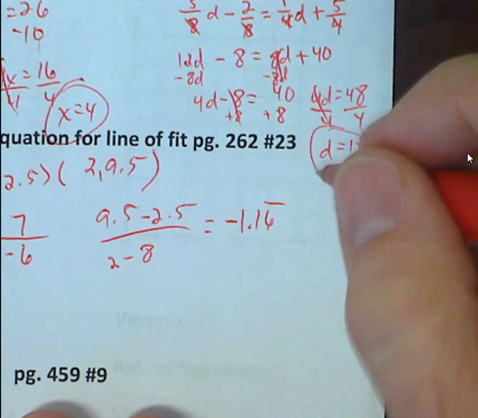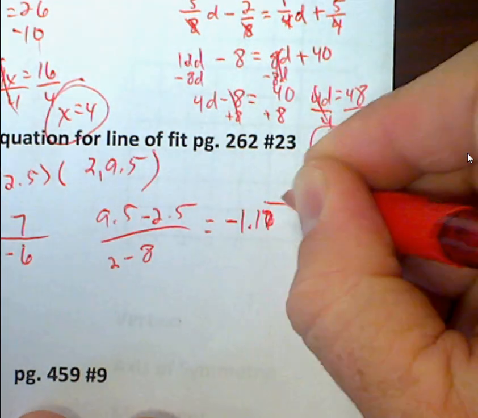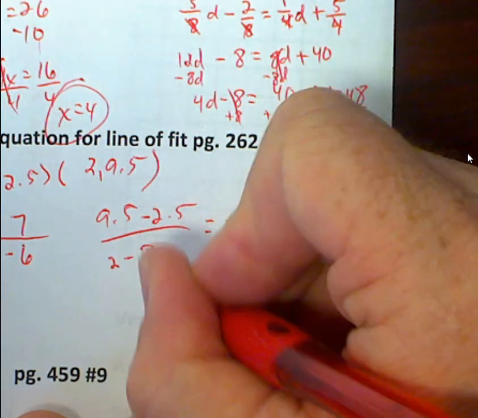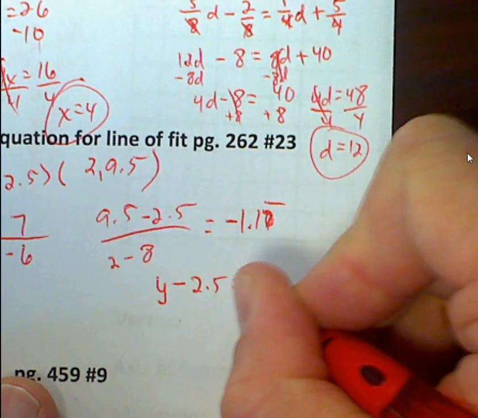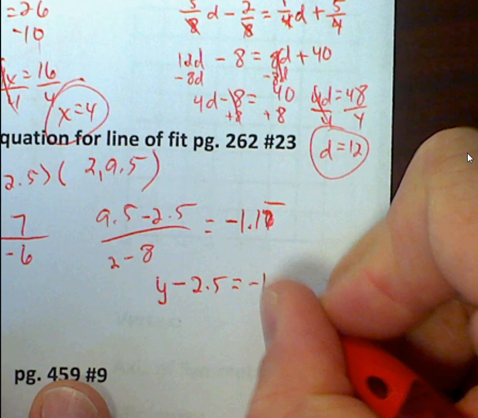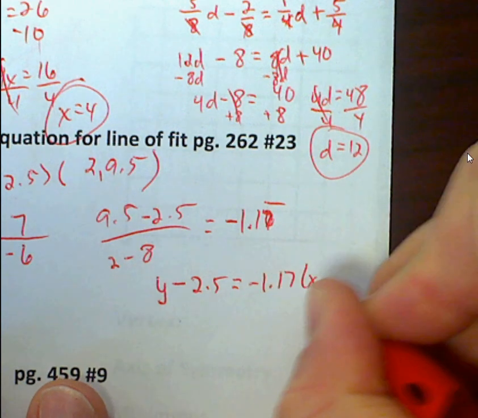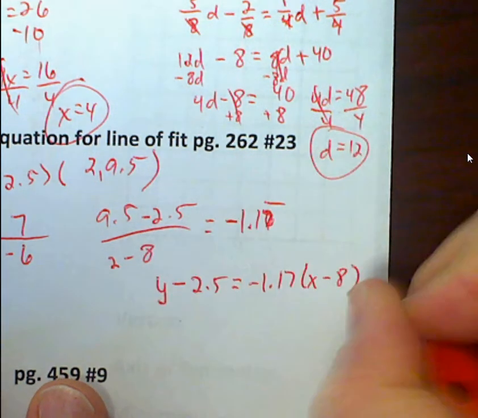So I could say 1.17. So I'm going to say y minus, my y1 is 2.5, equals my m is -1.17, x minus 8.